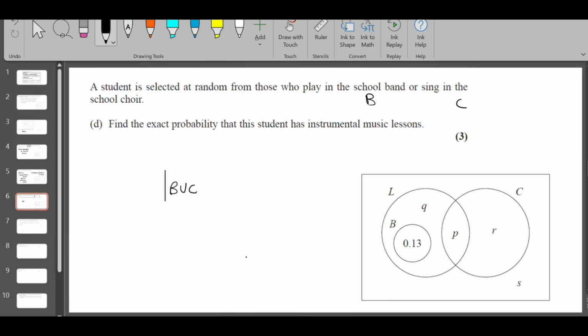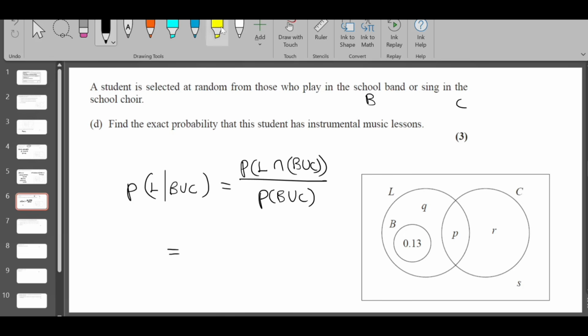Find the probability that the student has a music lesson, L. That's a conditional probability. Use the formula for conditional probability: P of A given B is P of A intersection B divided by P of B. Sorry, B union C, because B intersection C is 0. Or means union.